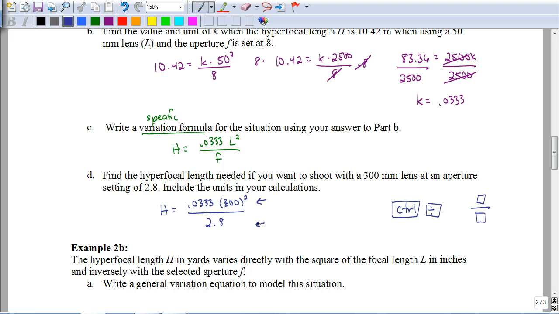If you don't have a CAS calculator, you're going to want to simplify this piece by piece. First take 0.033 times 300 squared, write that answer down, and then divide that answer by 2.8. Do it in 2 separate steps, and you'll end up getting an answer of 1,060.7, and this would be in meters.